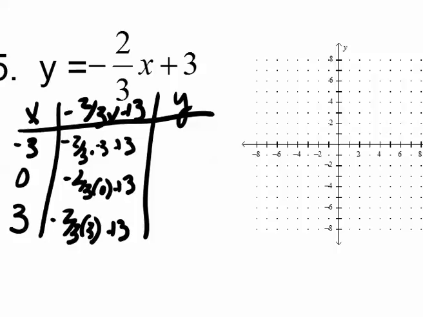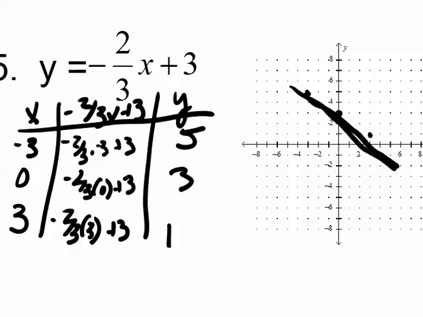Negative 2/3 times negative 3 is 2, plus 3 is 5. 0 plus 3 is 3. Negative 2 plus 3 is 1. So (-3, 5), (0, 3), (3, 1). This works much better if you have a ruler or use a straight edge to create that line.